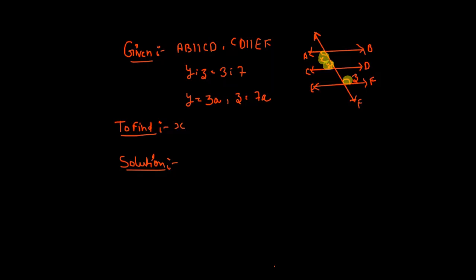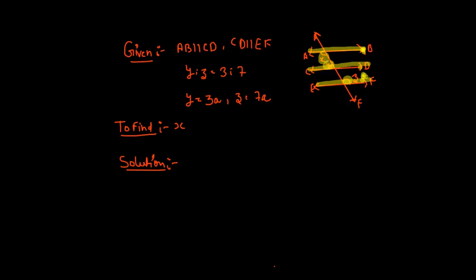Okay, first of all, as you can see that AB is parallel to CD, and this CD is parallel to EF. And also, you know, if the same line is parallel to different lines, then this implies that these two lines are parallel to each other.